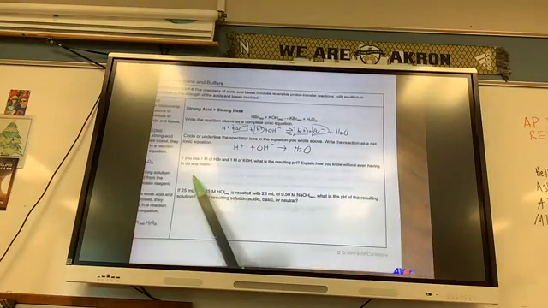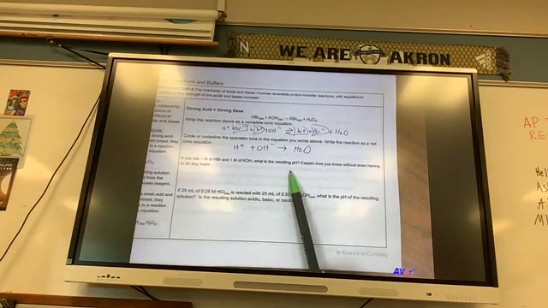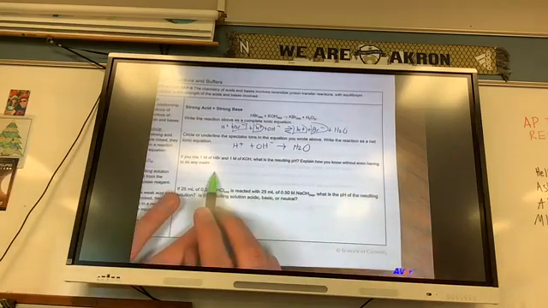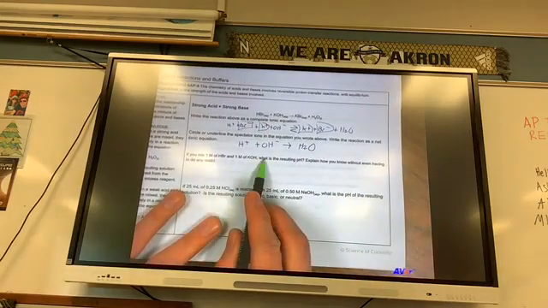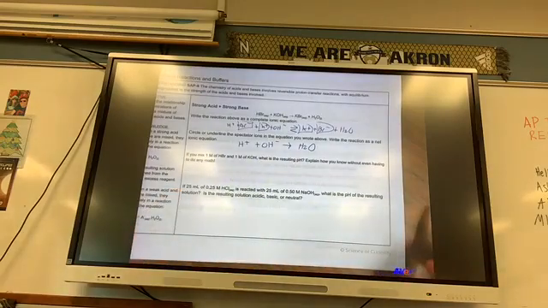If you mix 1 molar HBr and 1 molar KOH, what is the resulting pH? How do you know? Because they're both strong. Strong acid, strong base, they're going to completely react with each other. The only thing left is going to be the spectator ions, and those aren't acidic or basic.